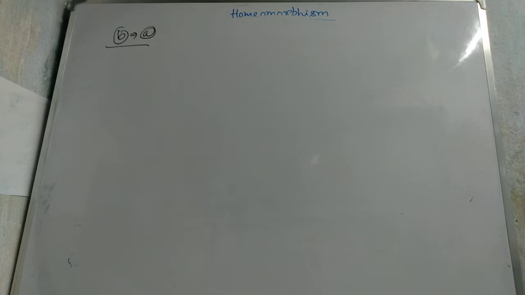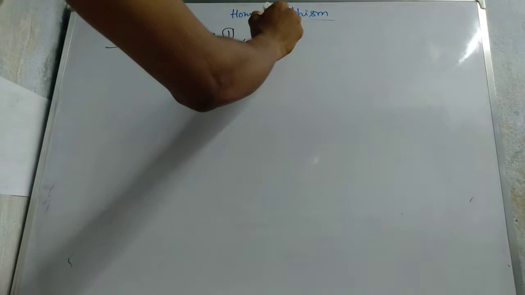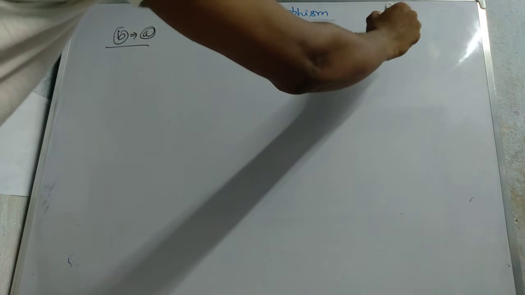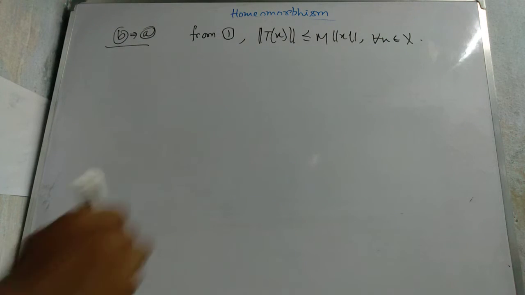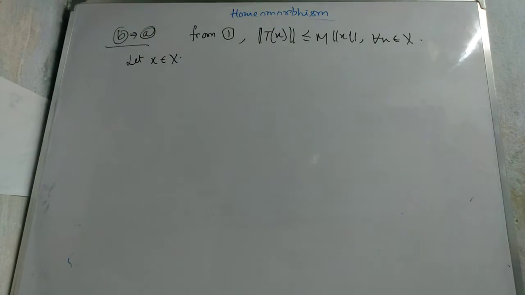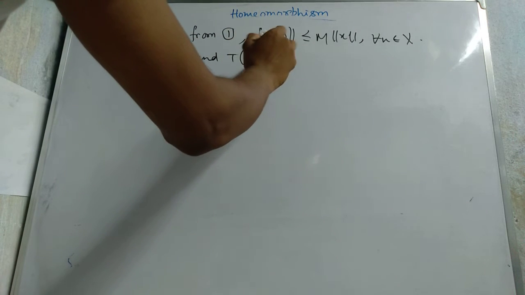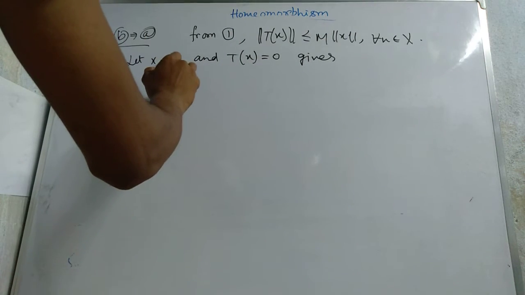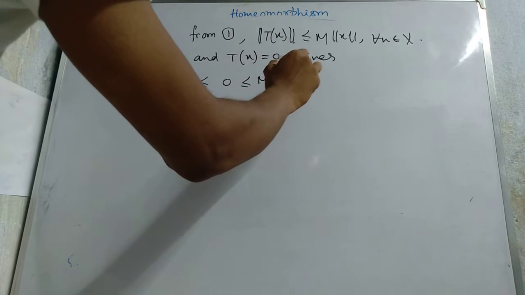So we know from 1, ‖Tx‖ ≤ M‖x‖ for all x belongs to X. Let x belong to X with Tx equal to 0. This gives m‖x‖ ≤ 0 ≤ capital M‖x‖.